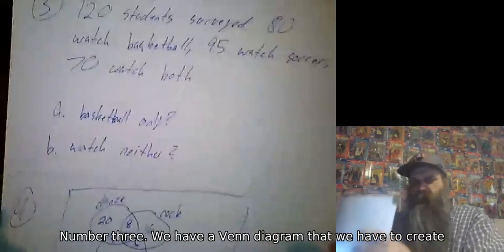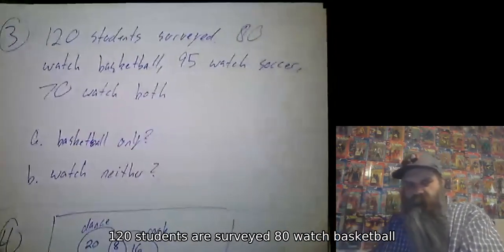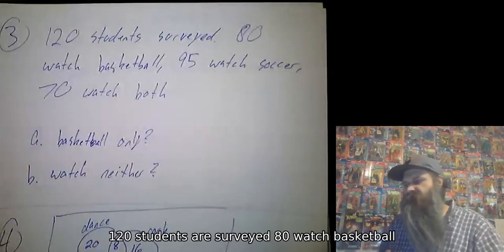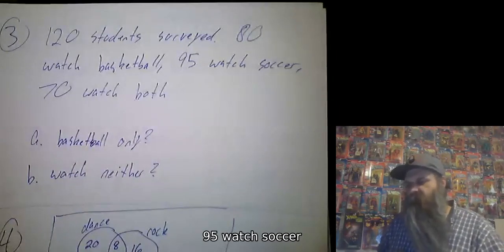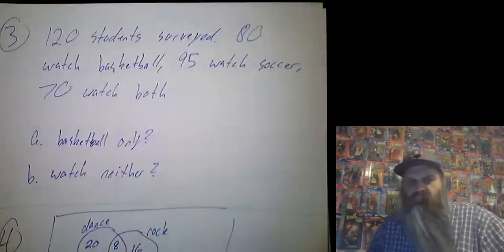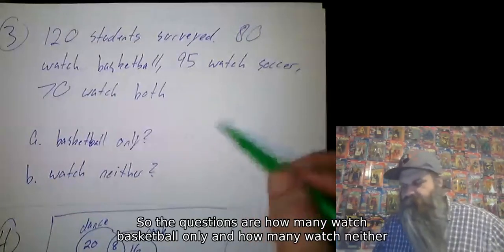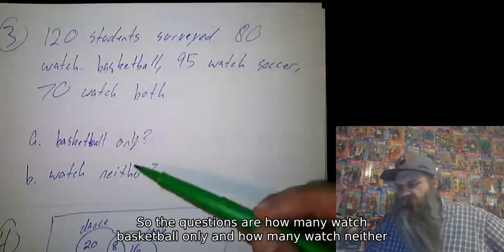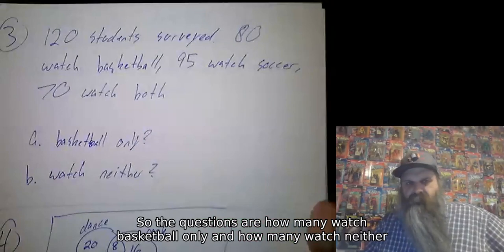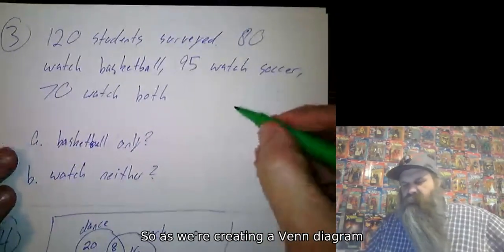Number 3, we have a Venn diagram that we have to create. 120 students are surveyed. 80 watch basketball, 95 watch soccer, 70 watch both. So the questions are, how many watch basketball only, and how many watch neither?